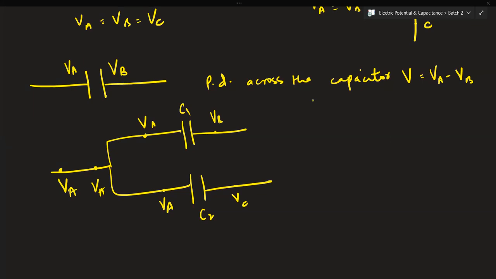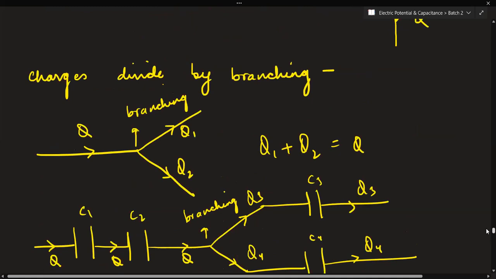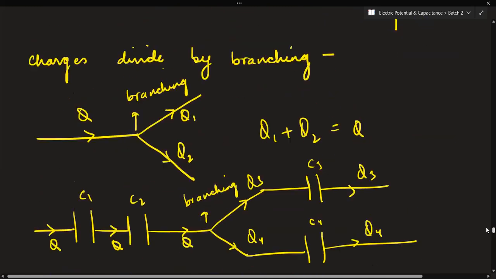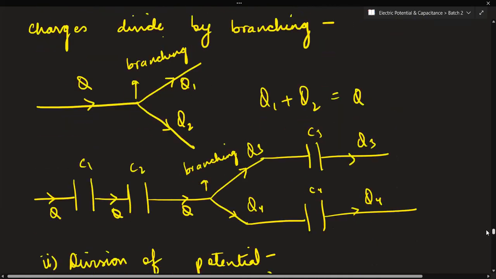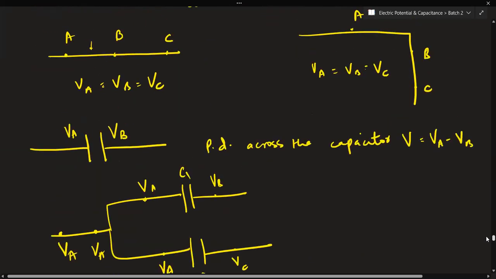Yes. See, because this is the basic, without this, you won't be able to even identify whether the circuits are connected in series or parallel. If you see any branching, the wire has been divided only for charge, not for potential. So for charges, if you see branching, charges get divided. In case of potential, if you see a capacitor, that hinders your potential.